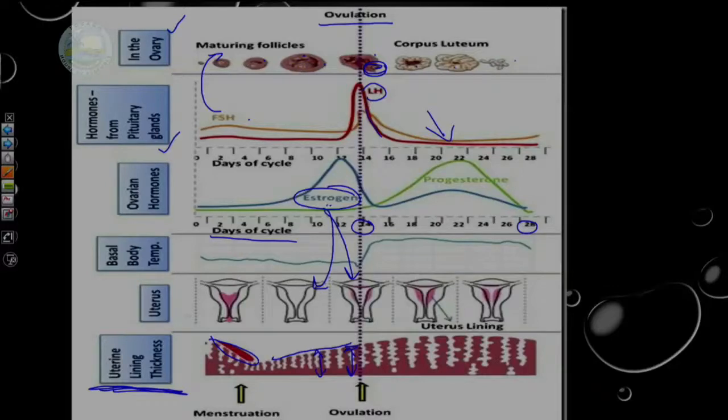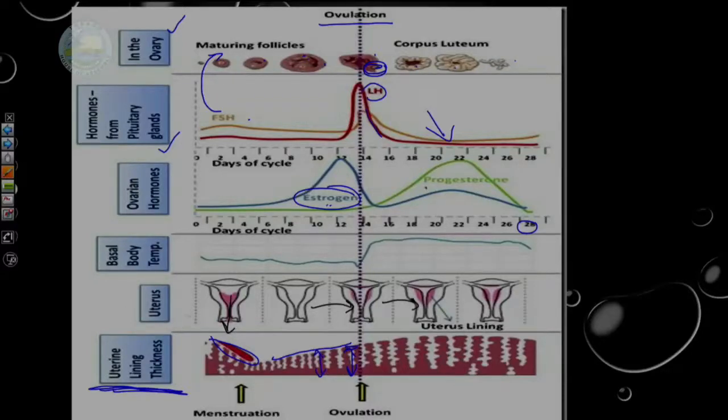So I want to bring your attention here most to what is happening inside of the uterus. So we have shedding of the lining here, then the lining starts to build up. The lining continues being built up and continues to be maintained.